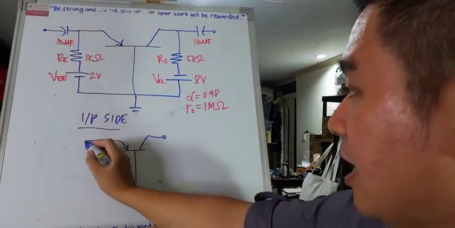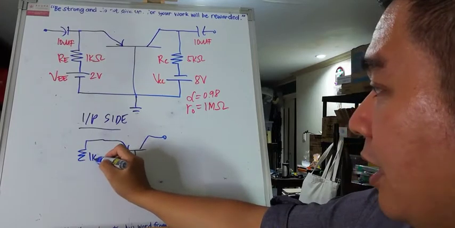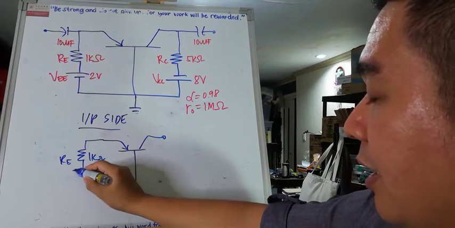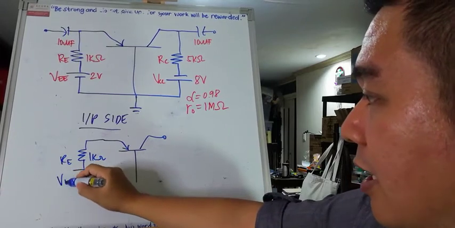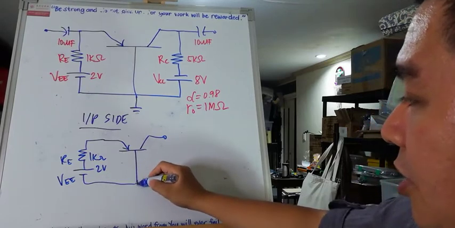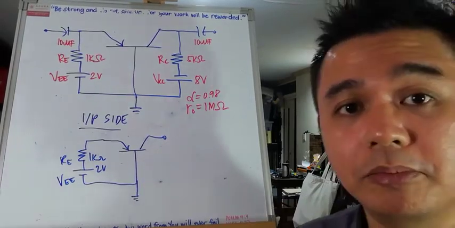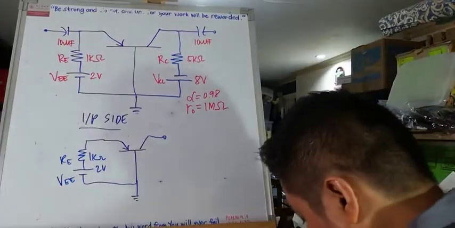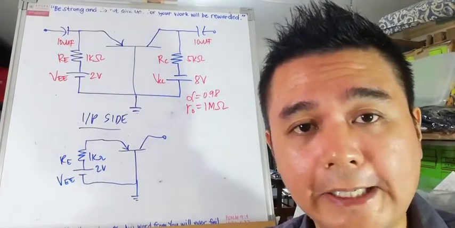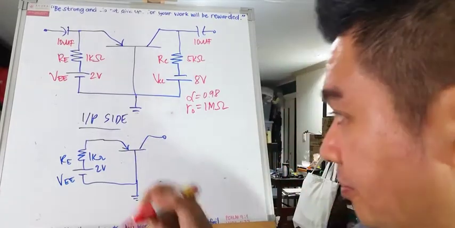So we have R sub E of 1 kilo ohm. Right? And then we have an external power supply VEE of 2 volts. So this is your input side. So to get the parameters of the input side, kailangan natin isulat yung induced polarity.